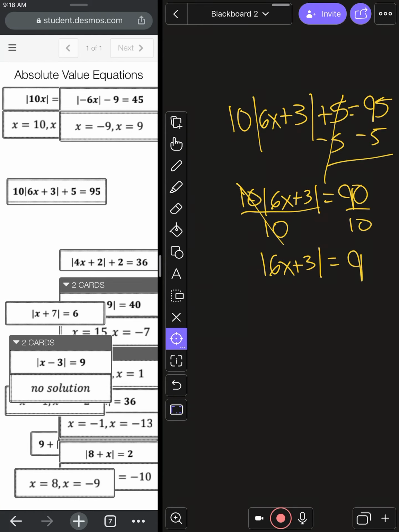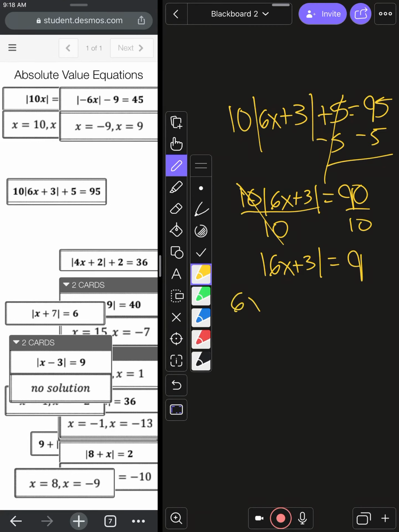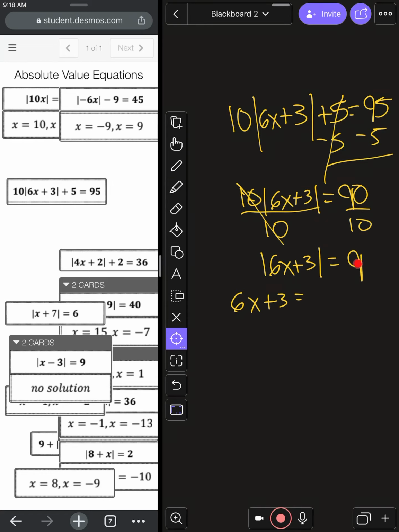Then I need to set up two equations. The first equation, I'm going to drop these absolute value symbols and write 6x plus 3 equals, and I set it equal to this.